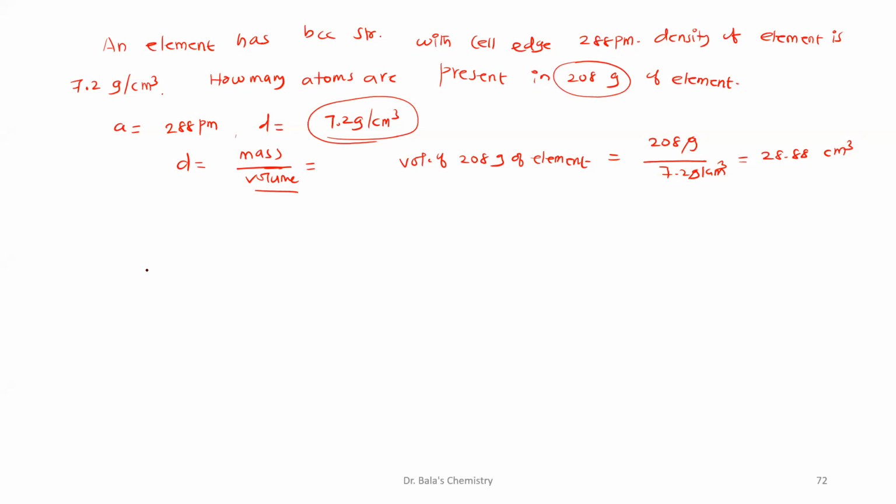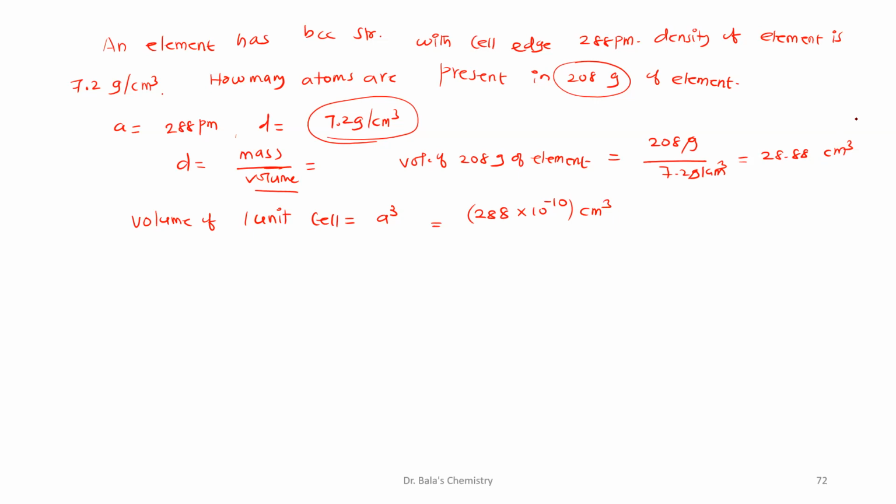Now the volume of 1 unit cell is a cube. The entire value is 288 into 10 power minus 10. Why do we put 10 centimeter cube?